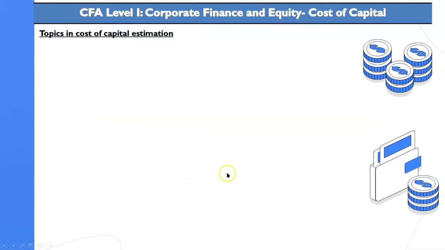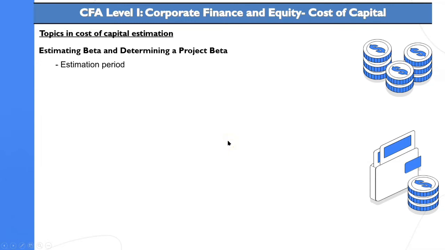Let us move on and consider some topics while estimating the cost of capital for a project. For example, beta. While determining the beta for the project, we will be faced along the way with certain decisions that we need to take. The first one is the estimation period.